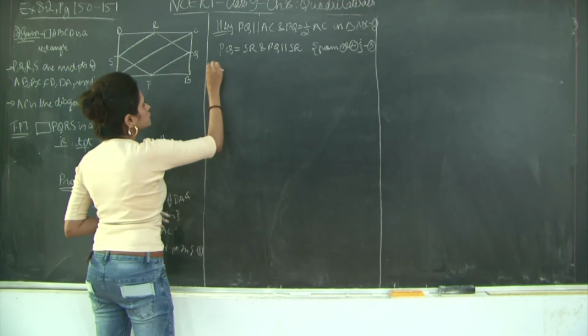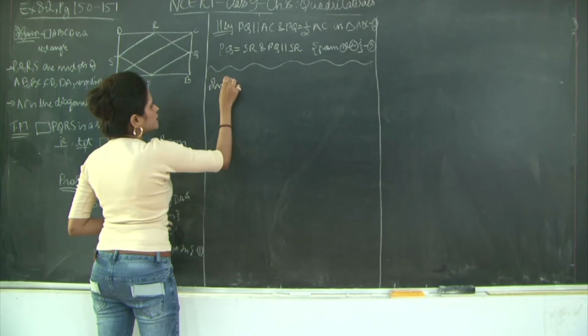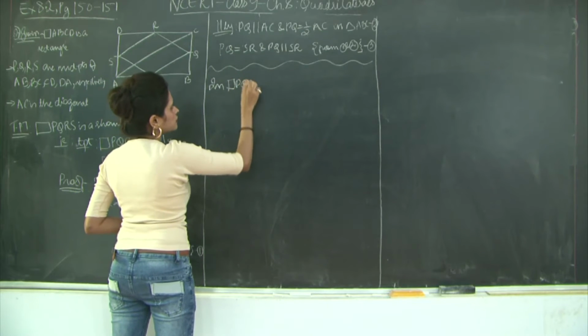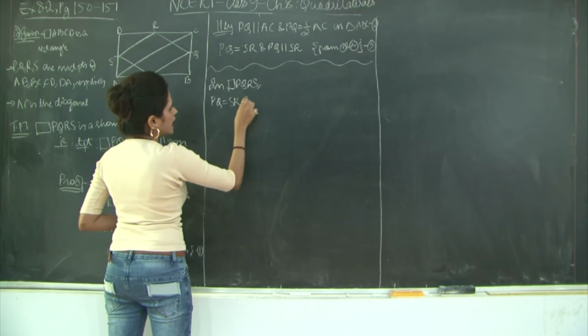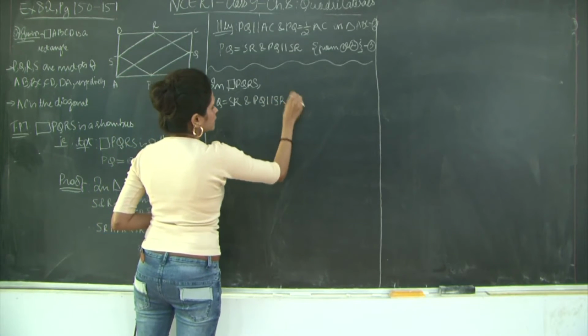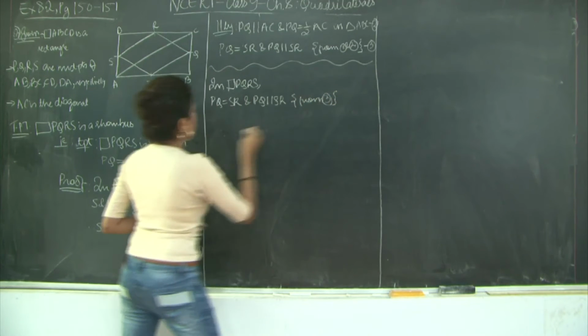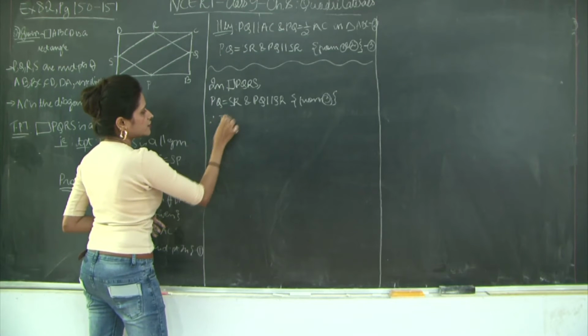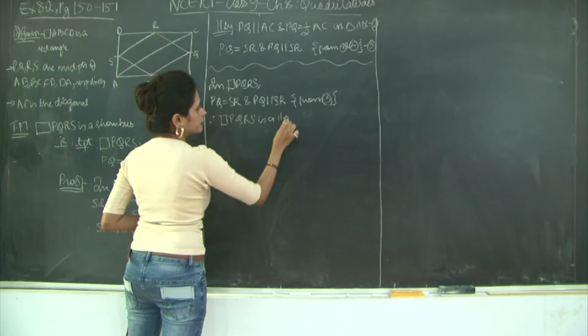So now, in quadrilateral PQRS, PQ is equal to SR and PQ is parallel to SR. I'll say from 3. Therefore, quadrilateral PQRS is a parallelogram.